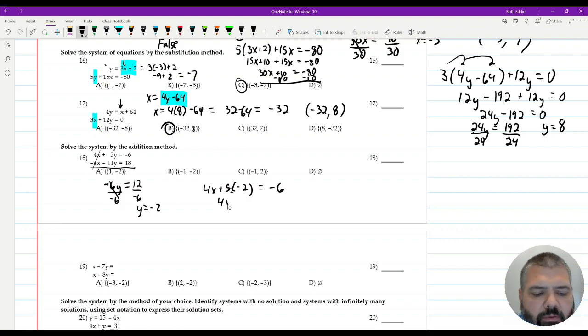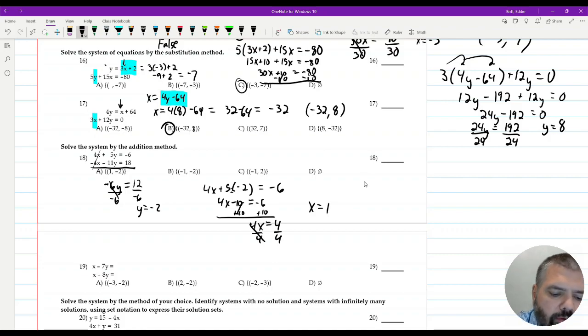So I have 4x minus 10 equals negative 6. Add 10 to both sides, and I get 4x equals 4. So I got x equals 1. So my ordered pair is 1 for x and negative 2 for y. So that's my solution.